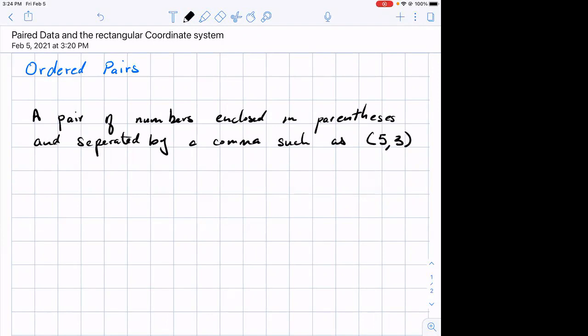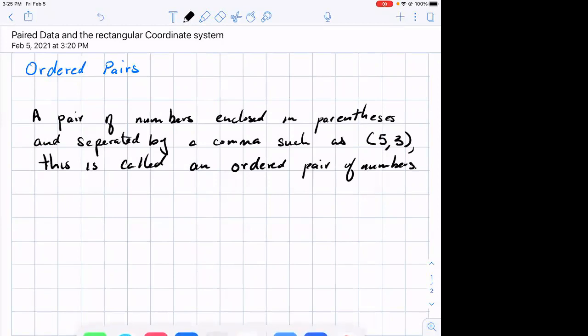This is called an ordered pair of numbers. The first number in the pair represents the x.